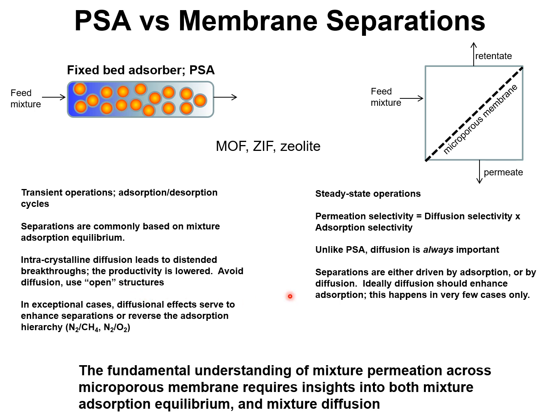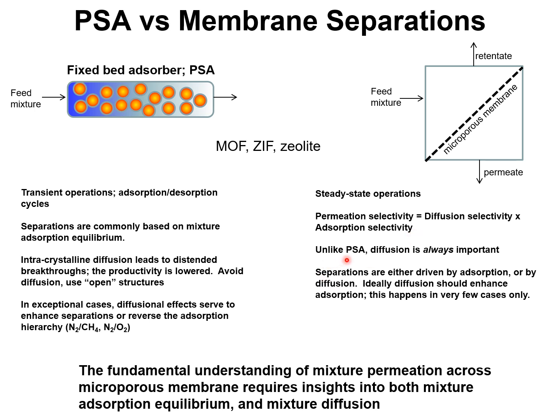Turning to membranes, the situation is quite different. Membrane separations commonly operate under steady state conditions. The permeation selectivity is a product of the diffusion selectivity and adsorption selectivity. We will discuss this extensively in the forthcoming slides.